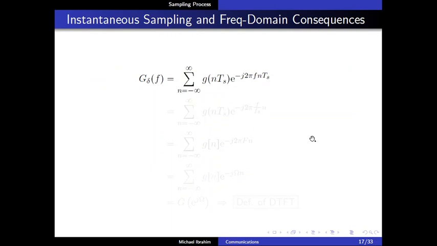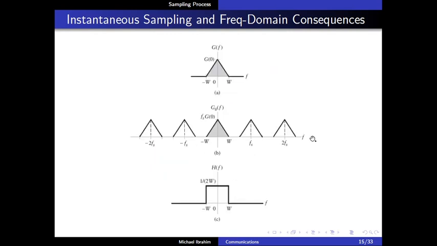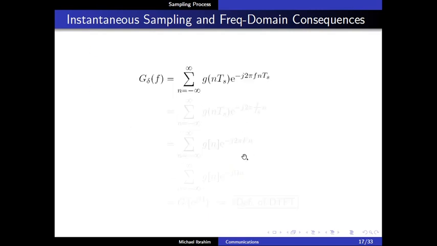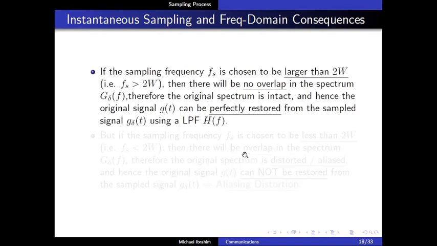Let's go back to the figure here and discuss it one more time. We want to avoid overlap, so we want this edge, which is Fs minus W, to be always larger than W, which means Fs larger than 2W. In this case, the spectrum will not overlap and we can reconstruct the original signal using a low-pass filter.